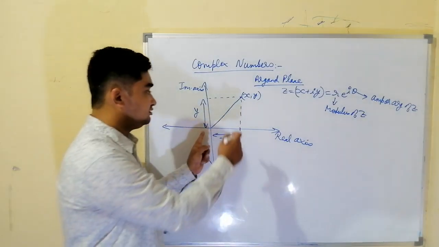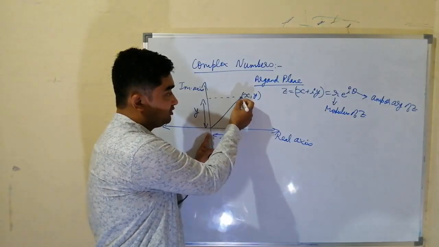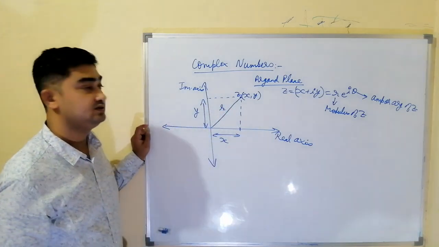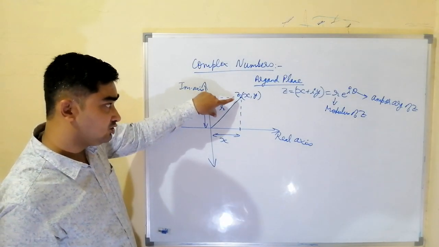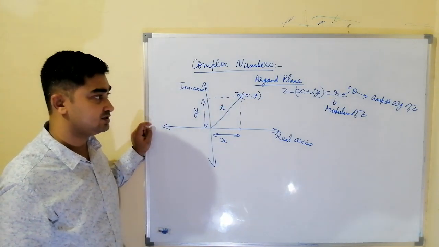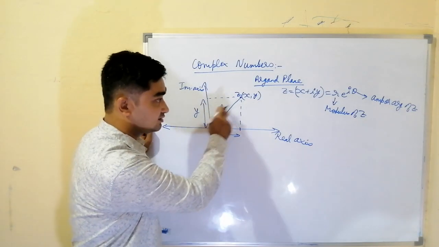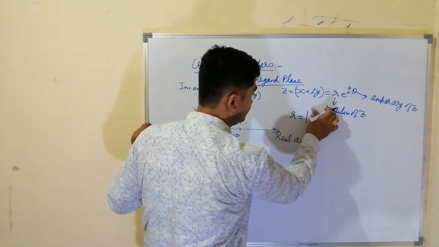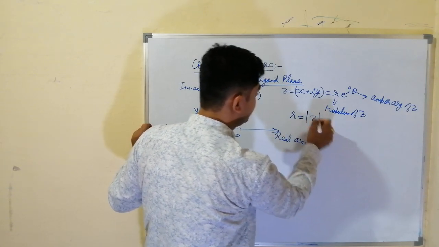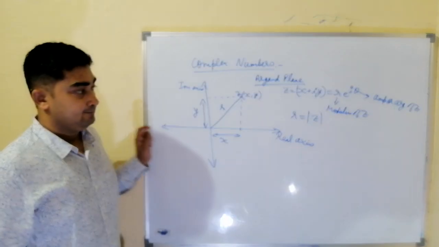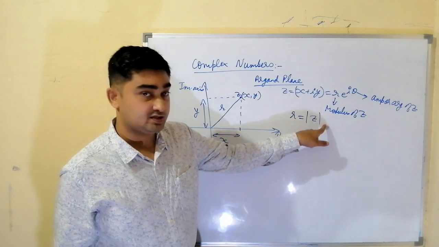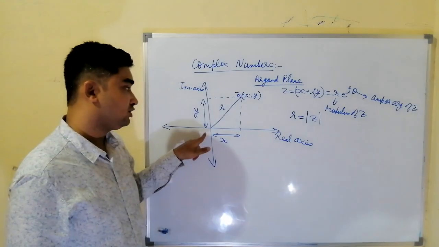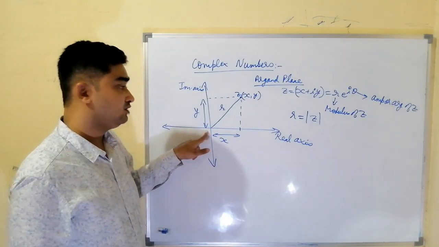After joining this, the length of this line from z to the origin represents the modulus of the complex number z, which is r in the Euler form. So this r is the modulus of complex number z. Modulus means the distance of the point from the origin.